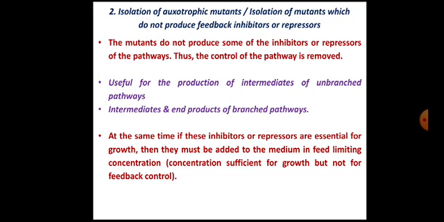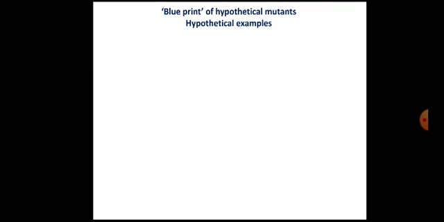So if they are not producing, then they must be added to the medium in feed limiting concentration. Feed limiting concentration means the concentration which is only sufficient for the growth but not for the feedback control. It is called feed limiting concentration.